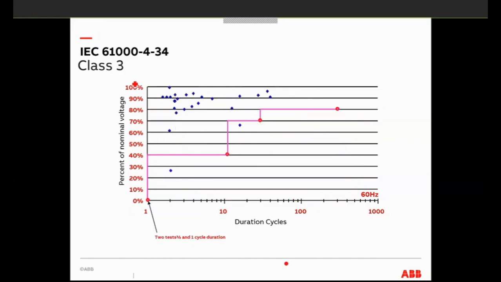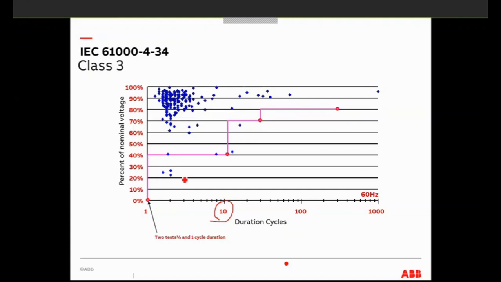So for class 3, it is a little bit, let's say, not that strenuous, but you can see here that within 200 milliseconds, it requires us to correct the voltage. We should have a voltage that is above 40%.